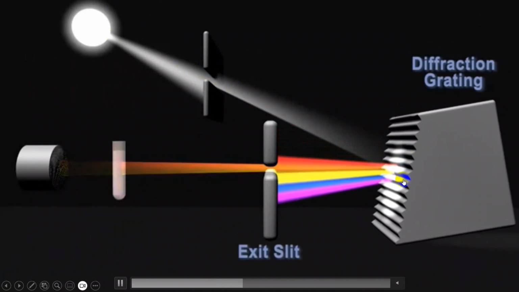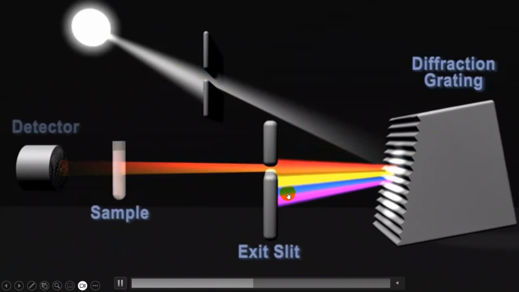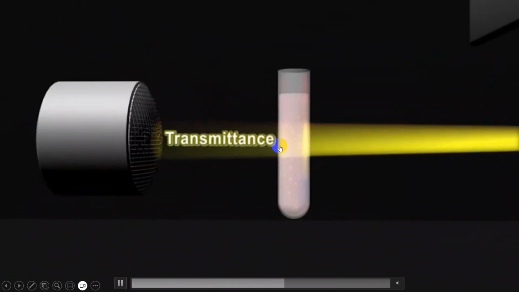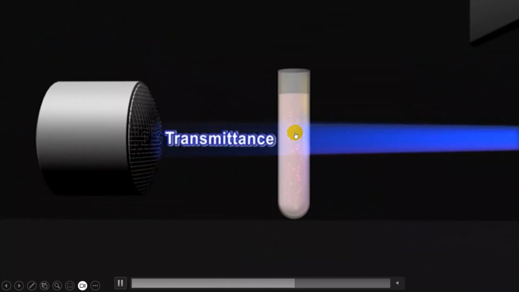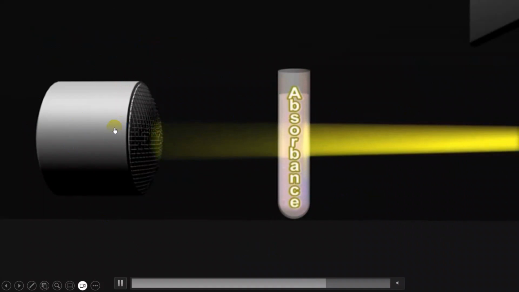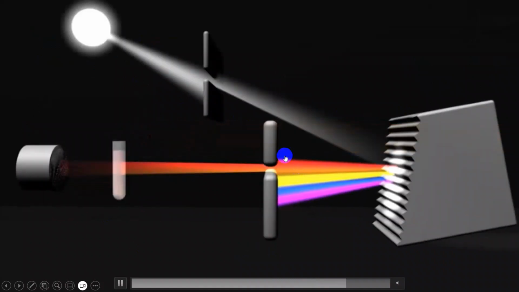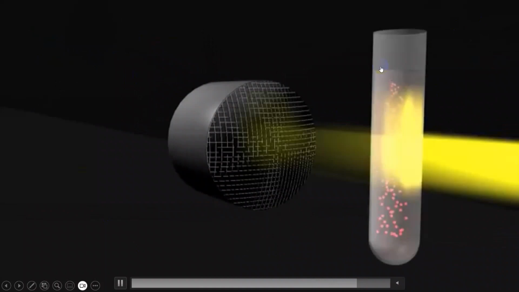This grating or prism splits the light into different wavelengths. Using another slit, we take up a monochromatic light and allow it to pass through a sample holder where the sample has been placed. The remaining light which is transmitted falls on the sensor, and the amount of light absorbed will be noted down.